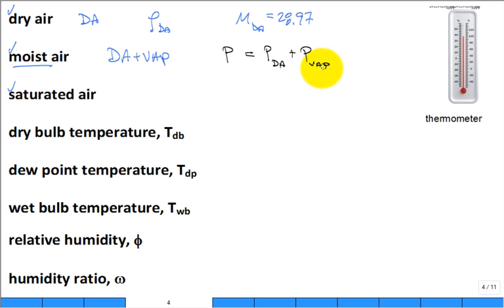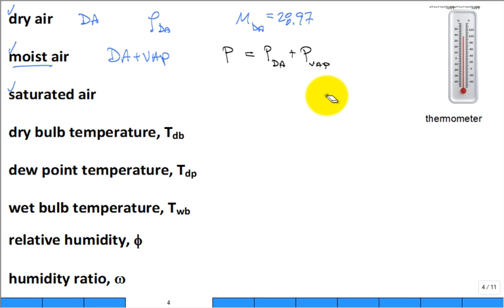Somebody says, Professor, I learned that dry air is made up of nitrogen, oxygen, argon, carbon dioxide. It's all lumped together. We're just going to talk dry air.